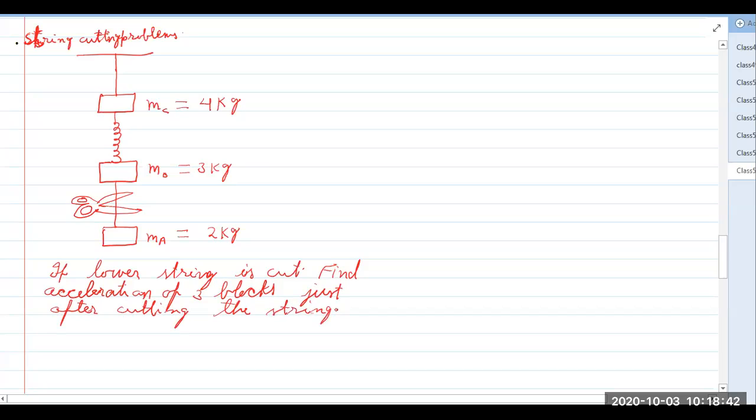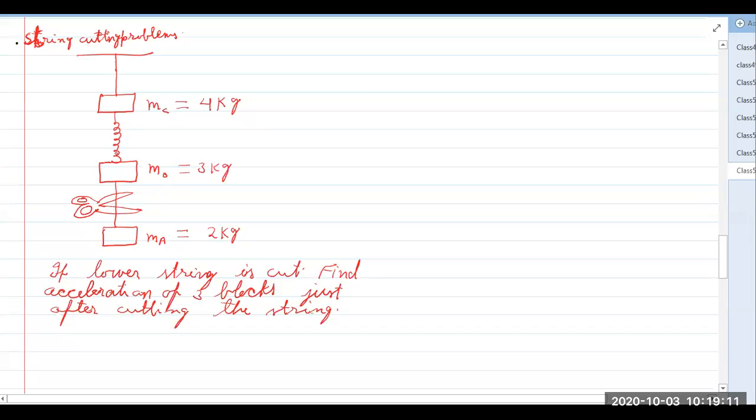So the main concept to learn here is, the moment you cut a string, the tension in that part becomes 0. But if you have a spring in the system, the spring force will not be 0. The force in the string will become 0, but the force in the spring will not be 0.